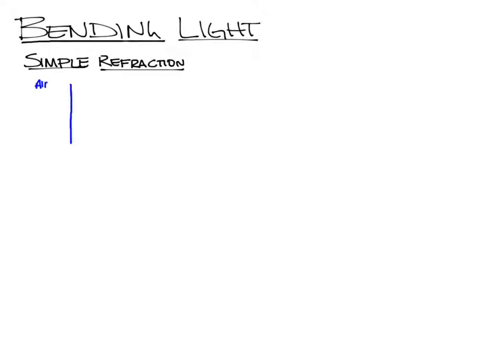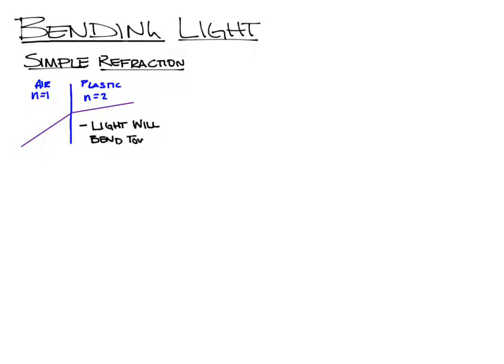So, here's our surface. It's our interface between air and plastic. Air has an index of refraction of 1, plastic index of refraction 2. And what we see as we go from air into plastic is that the light is slowing down, and so it turns more into the medium.